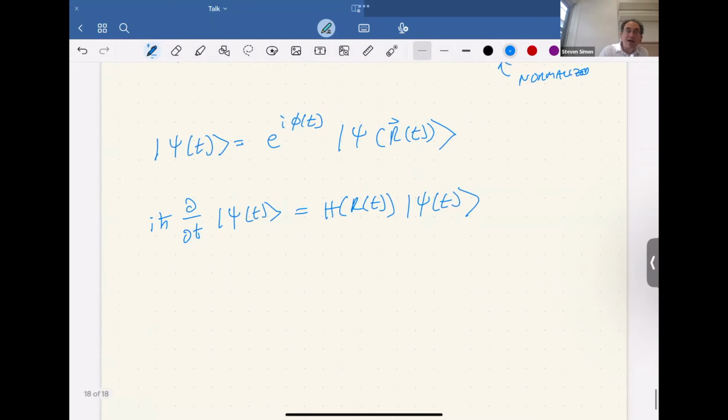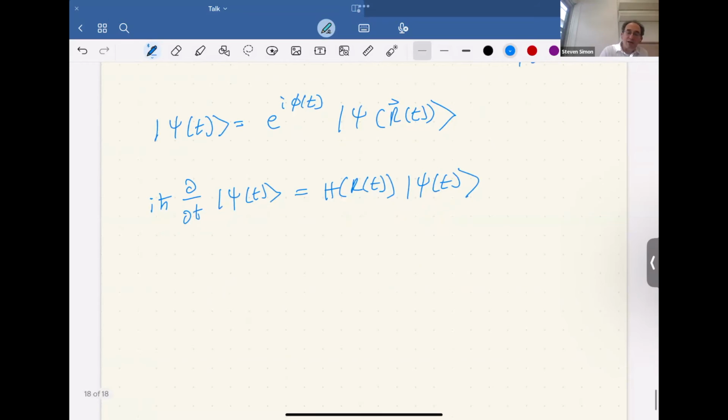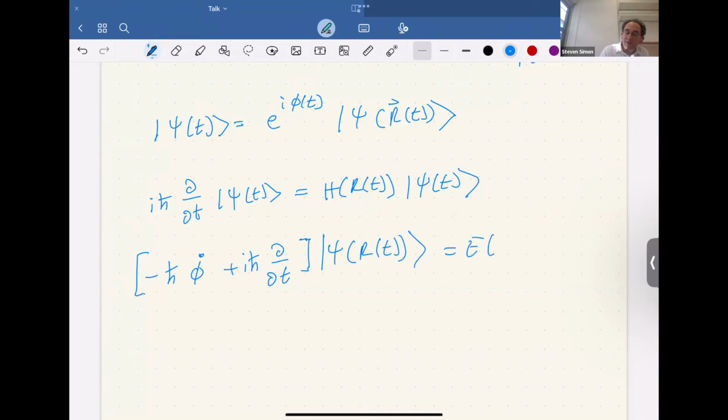Plugging this form in, we get minus h bar phi dot plus i h bar d/dt of psi of R of t equals E of R of t psi of R of t.